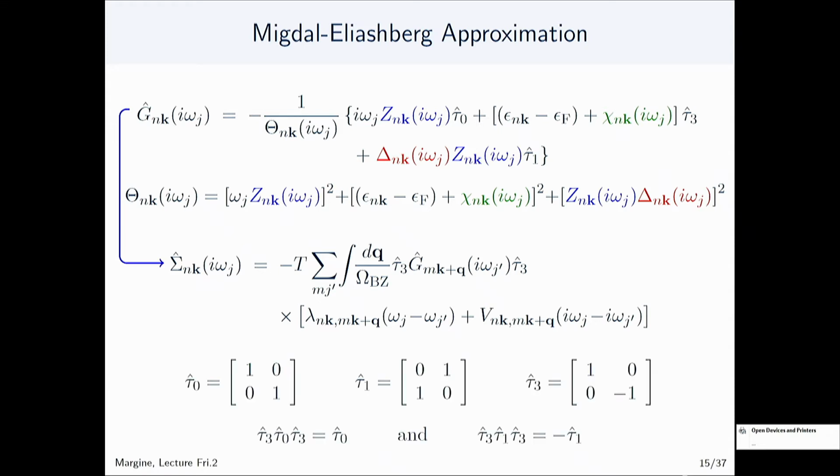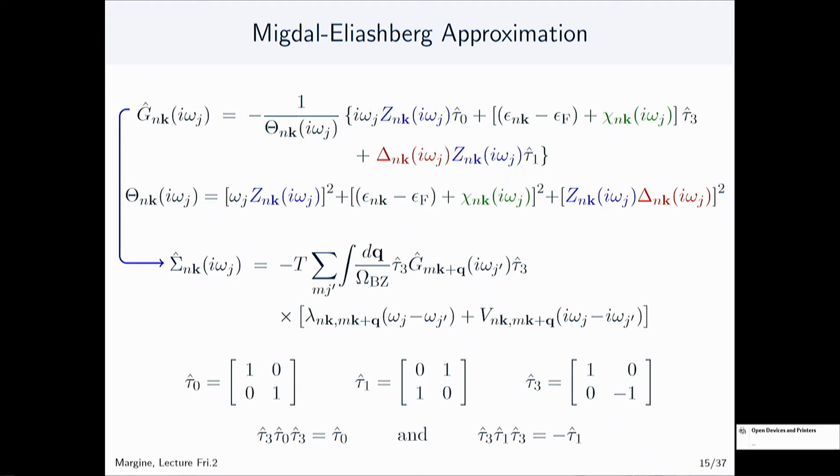We plug it in. And now what we are left with, you can see that G is still a linear combination in terms of the Pauli matrices. Here we have also Pauli matrices, so we just simply do multiplication of 3 2 by 2 matrices, and the first term, tau 3 times tau naught times tau 3, gives us tau naught again.